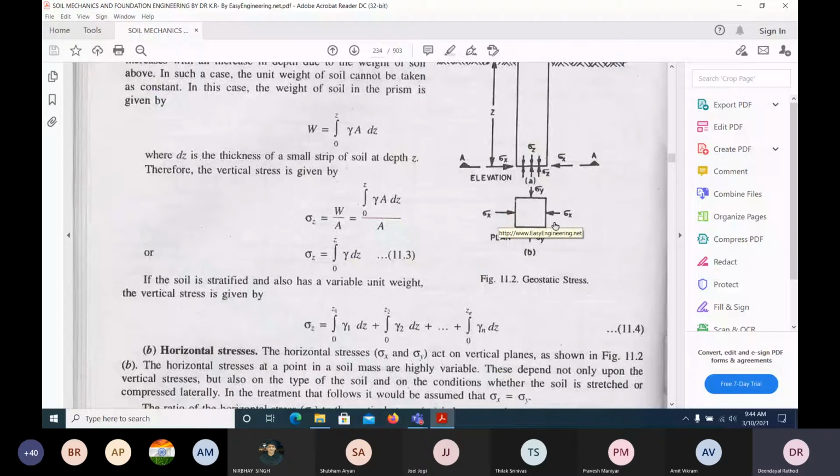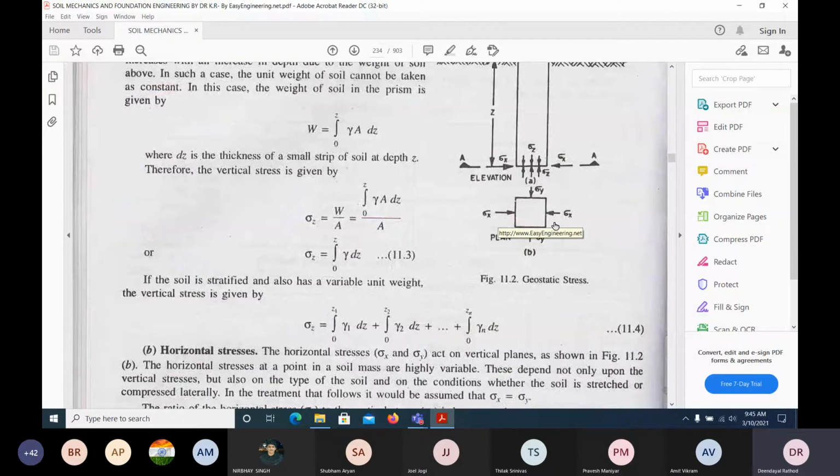Whatever in the previous chapter we have studied, vertical stress we have studied. Is it not effective stress or total stress, whatever we call it, as a vertical stress? That means the vertical stress below depth h is gamma into h. Now we will assume the soil element like a cube.